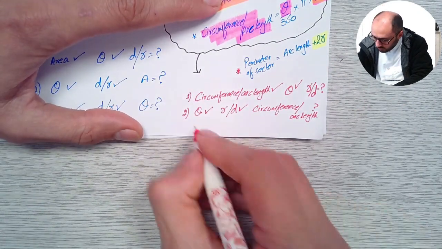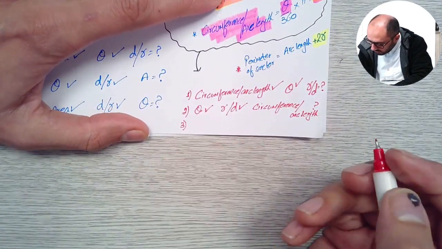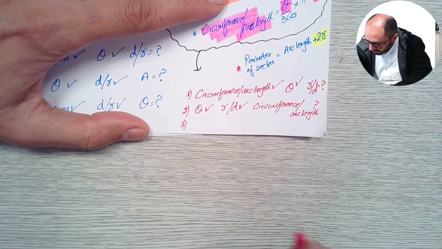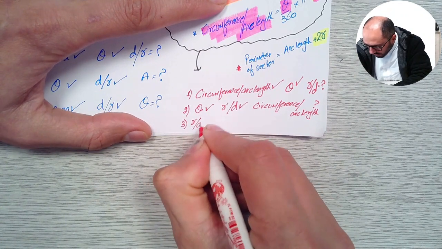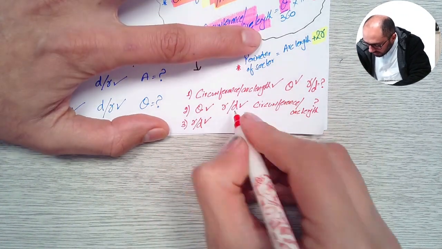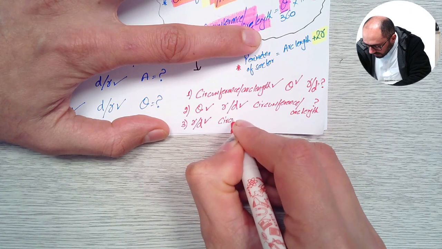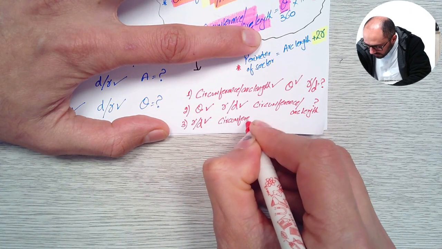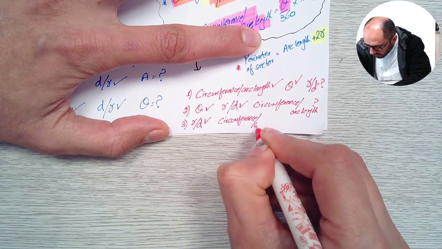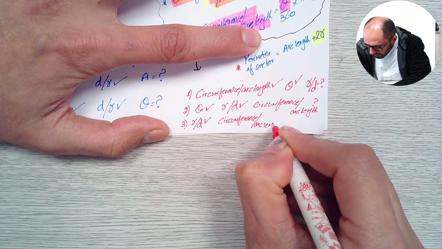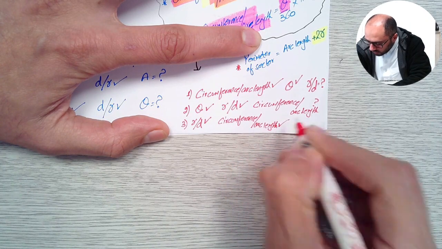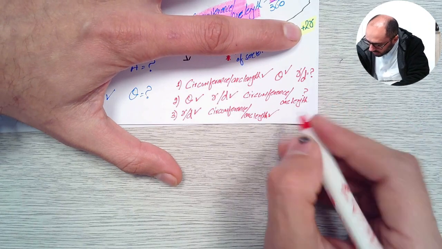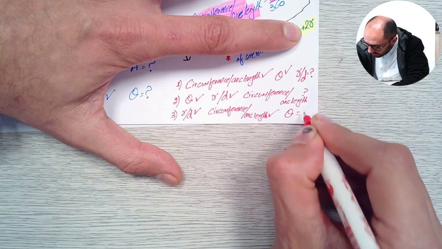Type 3 questions will be where they'll give you the value of radius or the diameter will be known, circumference or the arc length will be known, and they'll ask you to work out the value of angle.